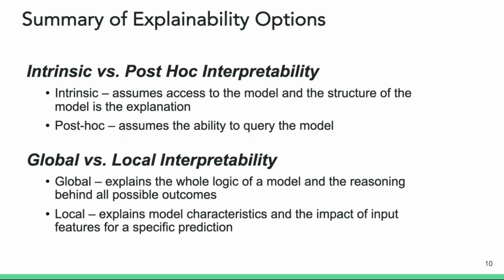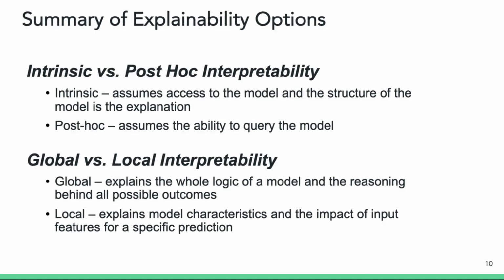To summarize the explainability options we reviewed, we have intrinsic explanations that assume access to the model and the structure of the model is the explanation. We have post-hoc explanations that assume the ability to query the model. We have global explanations that explain the whole logic of the model and the reasoning behind all possible outcomes.